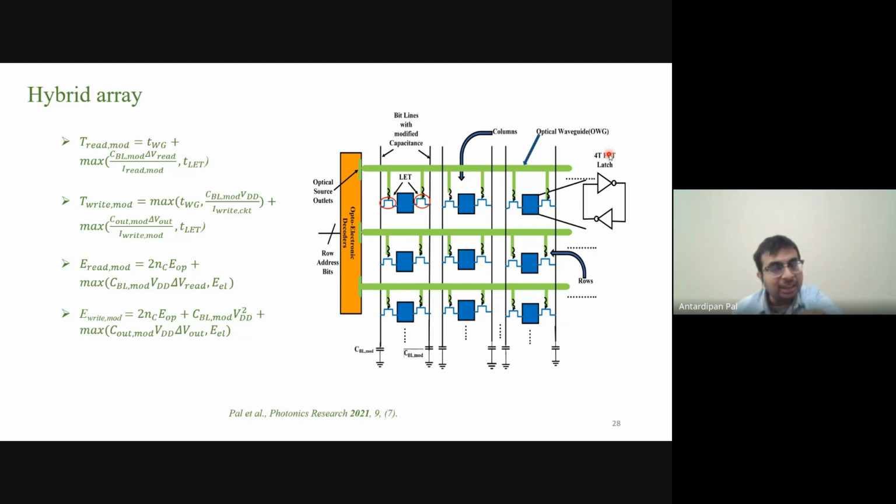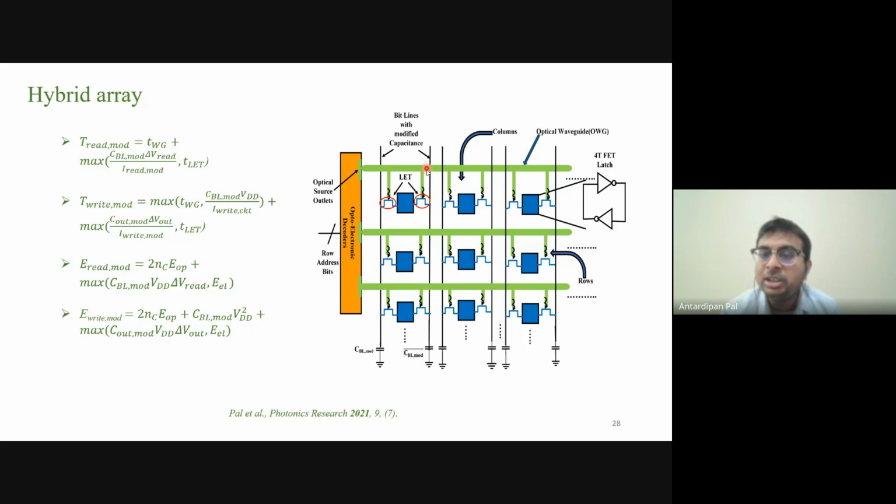For the same thing, if we come to our hybrid electronic-photonic structure, let's say we clip it again to 512 in the vertical direction, and we increase the number of cells horizontally to huge numbers. It won't matter much. You know why?